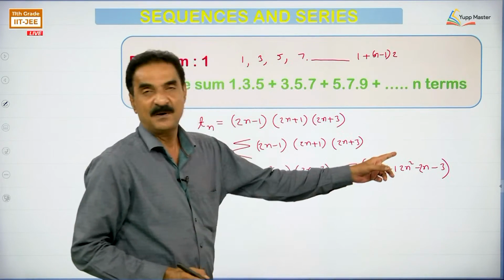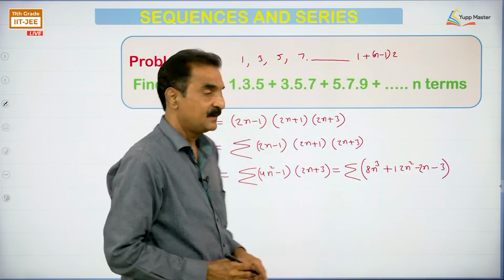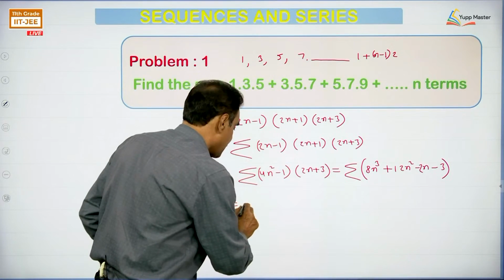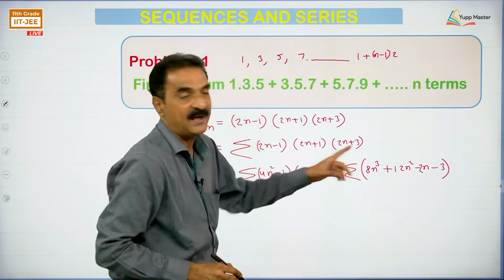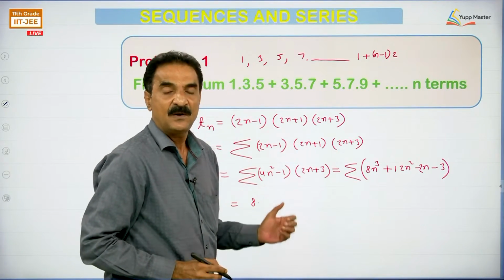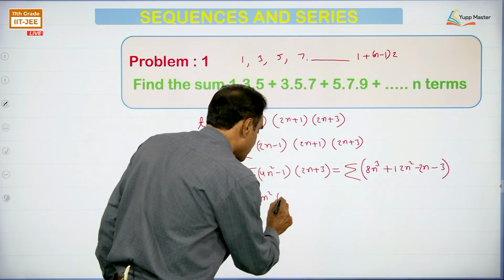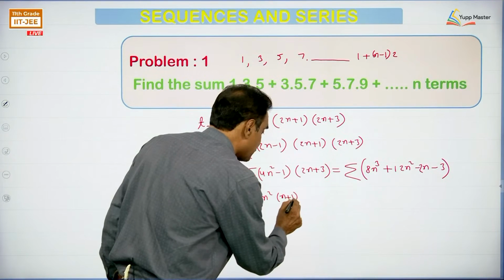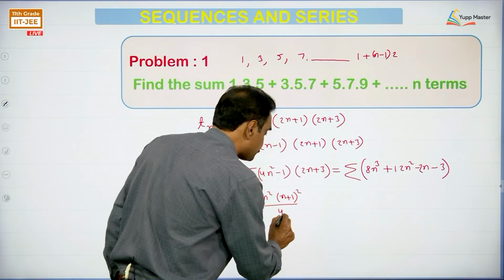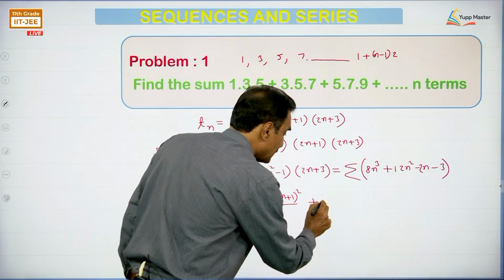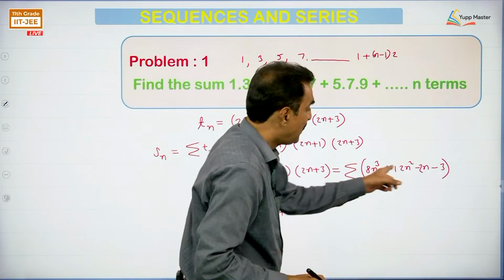Now if you apply sigma to the individual terms, the first term is 8 into sigma n cube. What is sigma n cube? n square into n plus 1 whole square by 4. Alright. Plus 12 into sigma of n square.